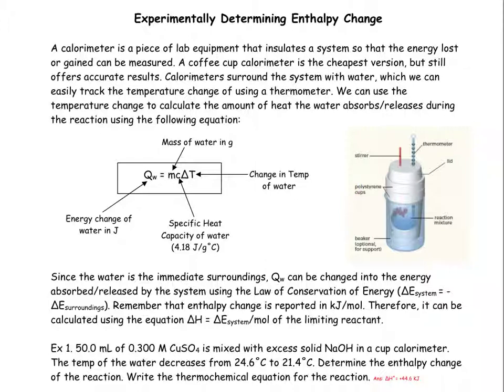All we have to do is flip the sign. Remember that enthalpy change is reported in kilojoules per mole. Therefore, we can calculate enthalpy change by using the equation delta H equals the energy change of the system divided by the moles of the limiting reactant.